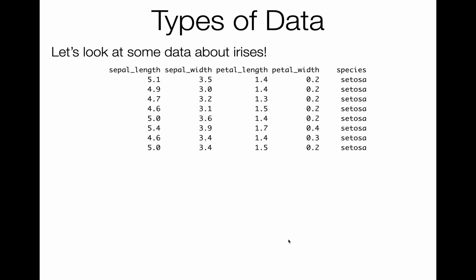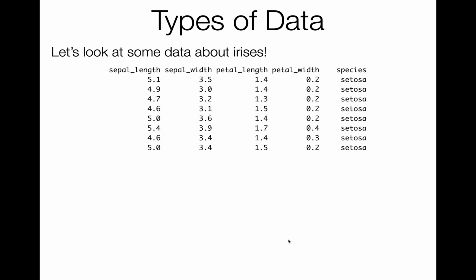For every iris, I've collected 5 measurements. The measurements are called sepal length, sepal width, petal length, and petal width. I'll show you a picture of an iris in a moment, because I'm sure right now you're wondering what the heck is a sepal. And then of course what species of iris it is.